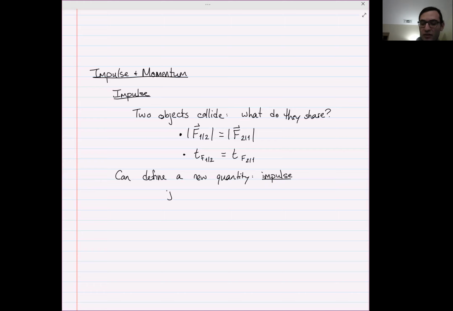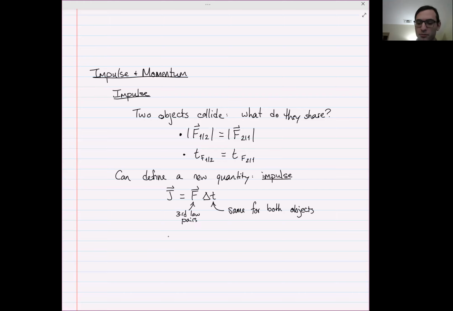And the letter that we give it is J, capital J. This is defined as the force applied to an object times the duration over which that force is applied. In particular, this delta T is the same for both colliding objects. And similarly, for two colliding objects, the forces are third law pairs.